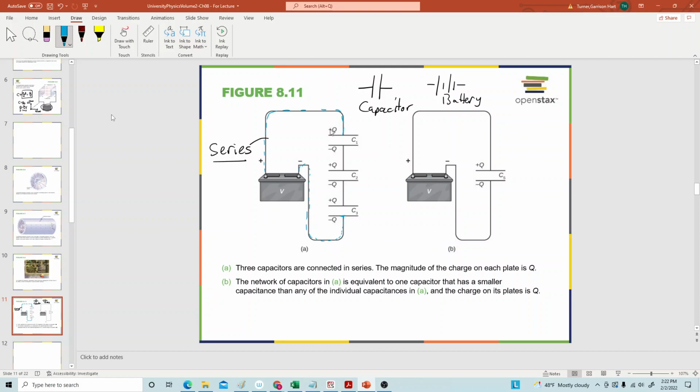So you leave this plate with a plus Q and this plate with a negative Q, but then because everything is conducting in between, this negative charge will repel the negative charges off this plate, and those negative charges will be deposited on this plate.